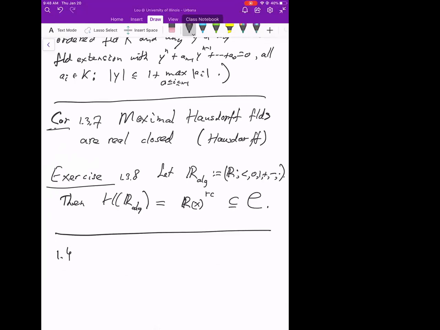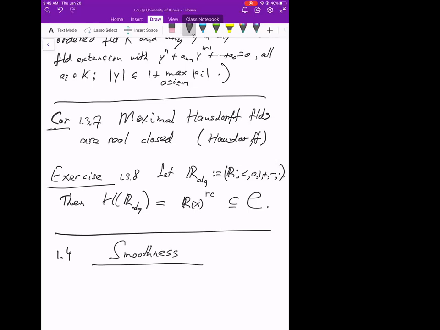So, smoothness. It turns out most things that people are usually doing with Hardy fields, you can actually do already, not most things, but a lot of things you can actually do in the setting of Hausdorff fields already.